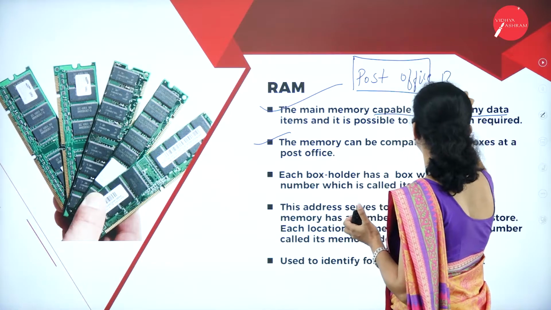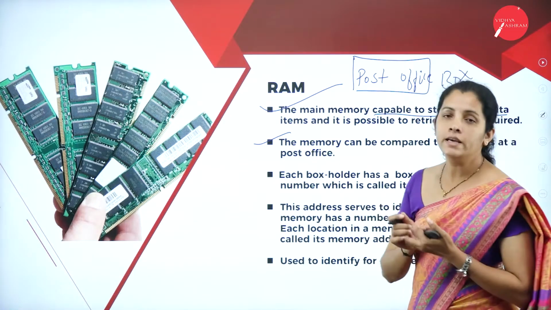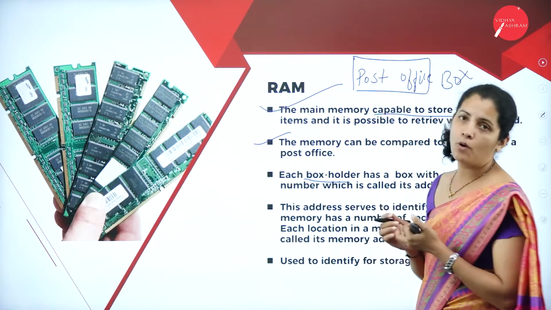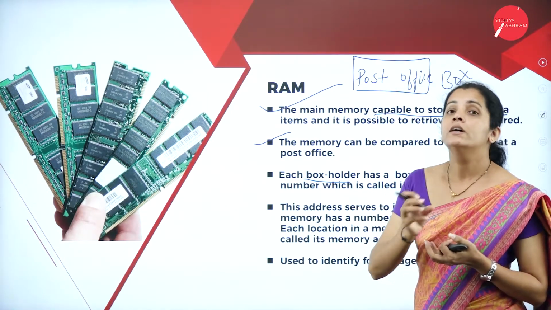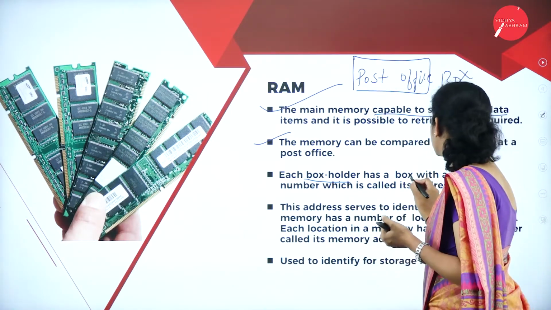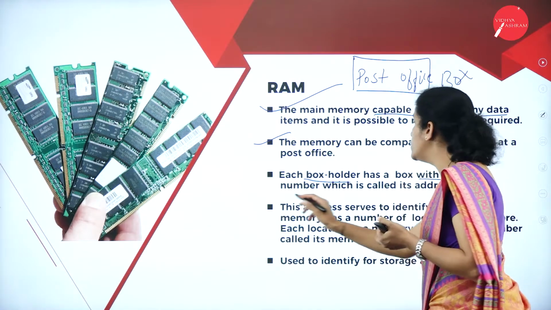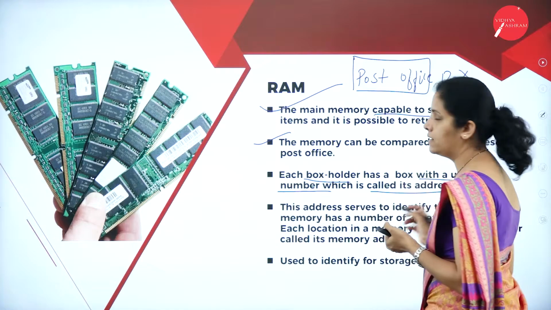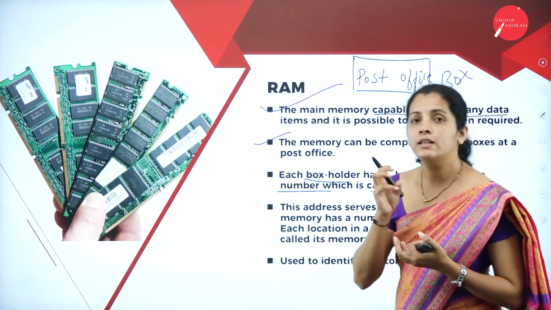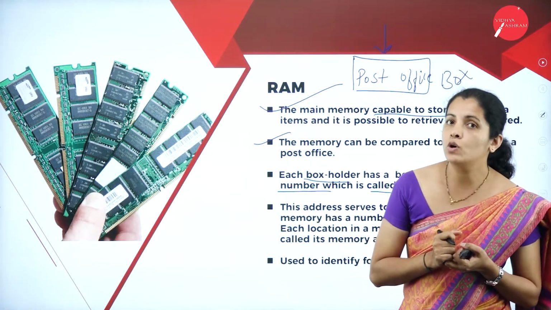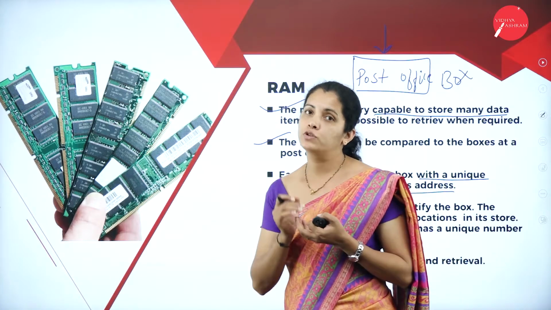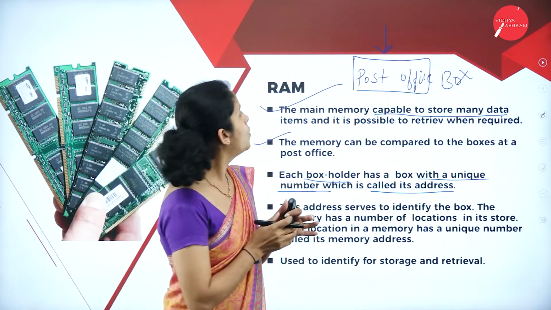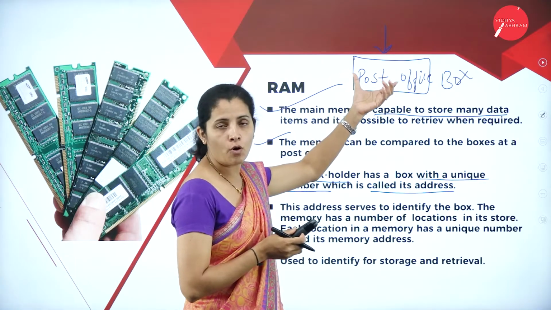Post office box. Here each holder has a box with a unique number which is called the address. For example, think that I want to hold one post office box. Then how is it identified?